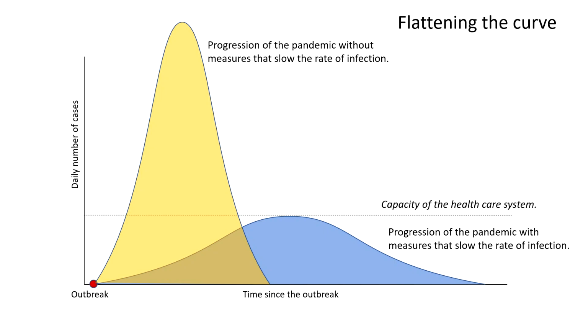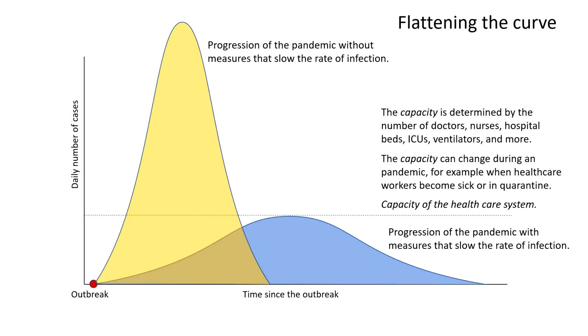So what we're going to try to do during this pandemic is to try to mitigate the progression of the pandemic, lower the number of infected individuals by different types of strategies, and we're going to talk a little bit more about those later on, until we come to a point where the curve has flattened enough that the healthcare system will have the capacity to take care of them.